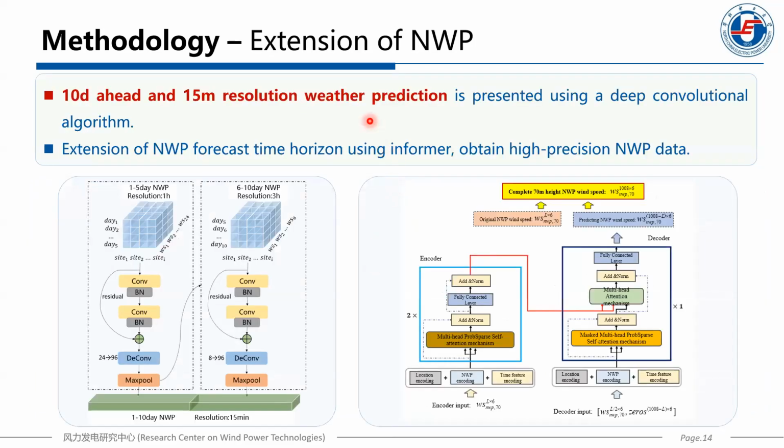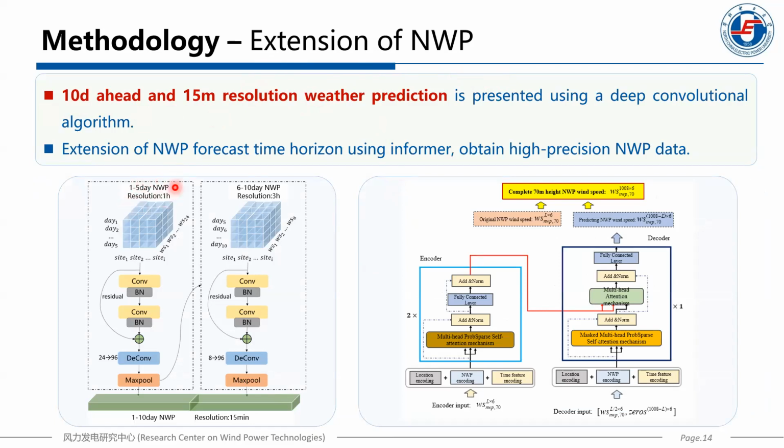And the third one is how to extend the NWP data from 1, 3, or 7 days to even longer. This is not a purely AI-based model.